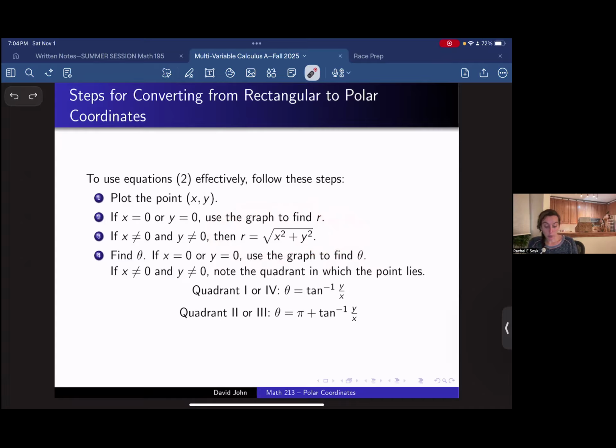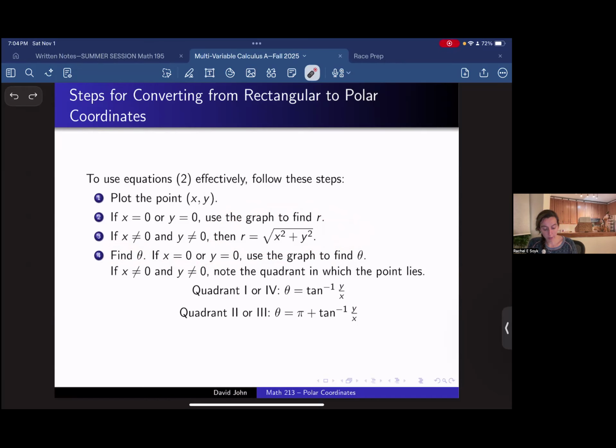And then in order to find theta, if x or y is equal to 0, once again, we're going to use the graph. But if neither of them are equal to 0, then we want to be mindful of where the point lies, what quadrant it is.